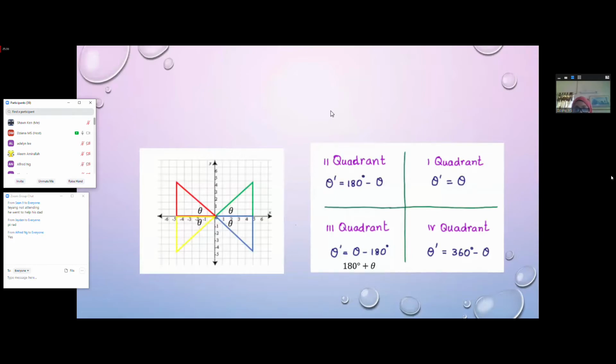Any question? Please copy, or later on I'll give you this PowerPoint. So who is not here? Where is Sukui? Okay, done. Still copying. Can I proceed? Still copying. Okay, for the third quadrant, some of the books write like this, but I prefer for you to use 180 plus.